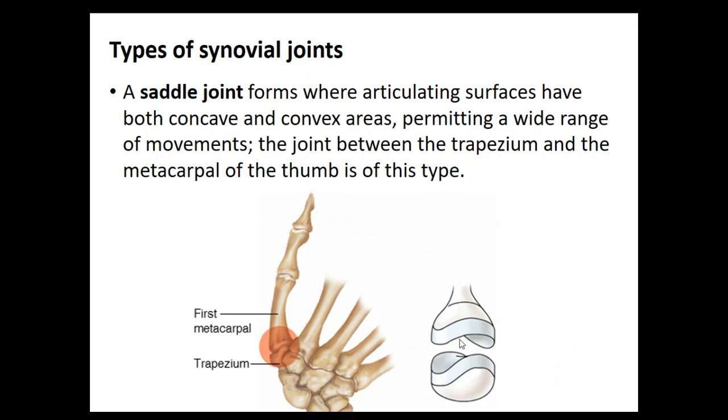This one here could slide this way, or this way. An example of that is the base of the thumb metacarpal, where it meets the trapezium. That's a saddle joint.